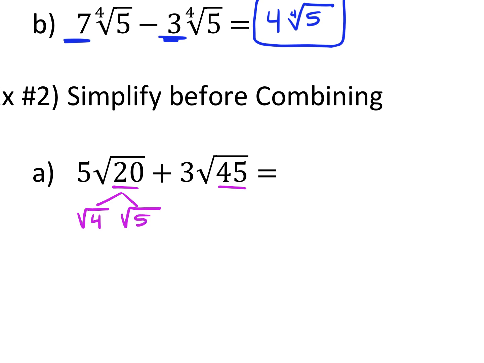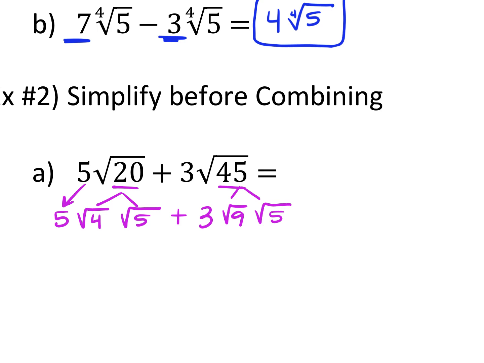4 and 5, and please don't forget about our friend out in front, the 5, plus, then we have a 3, and now let's break down the 45. 9 and 5. So it's 5 rad 4 times rad 5 plus 3 times rad 9 times rad 5.